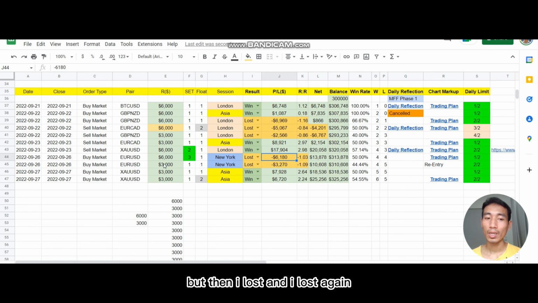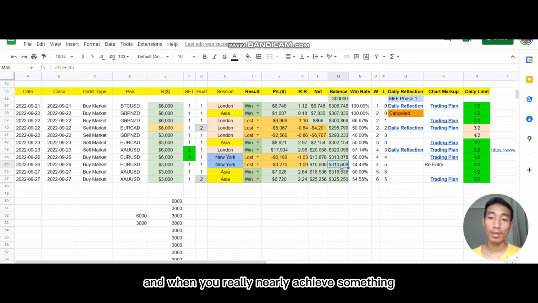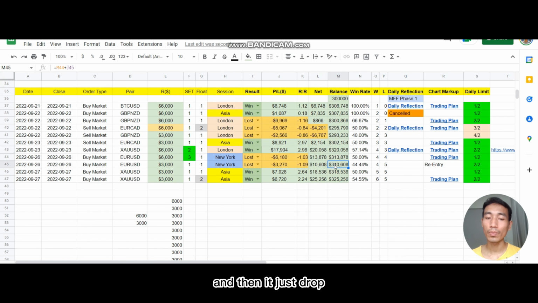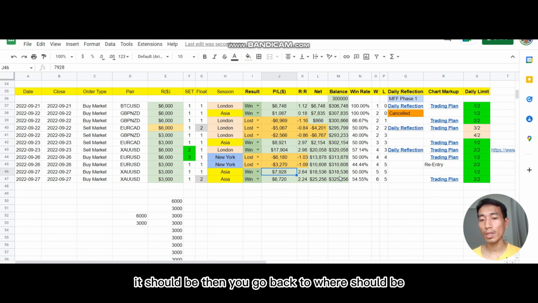But then I lost, and then I lost again, and then I come back to this number. And when you nearly achieve something and then it just drops, you may mentally fail. But if you stick to the rules, stick to your risk management, and your trade performs just as it should, then you go back to where it should be.